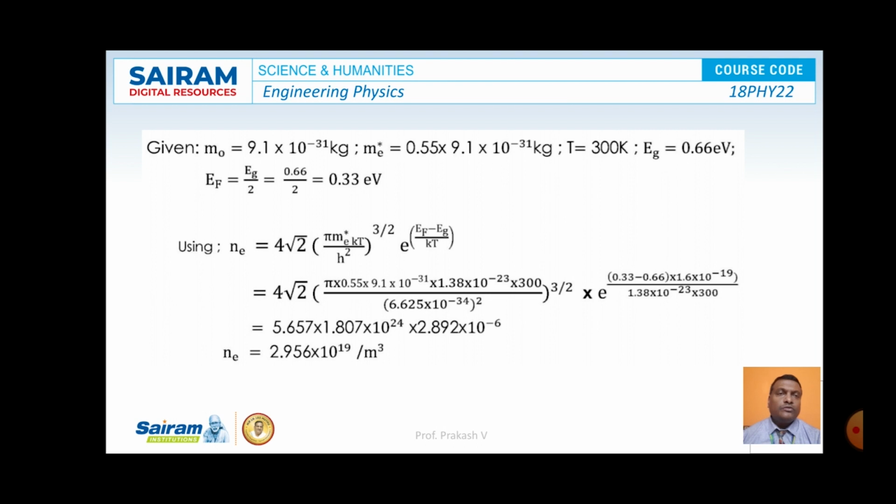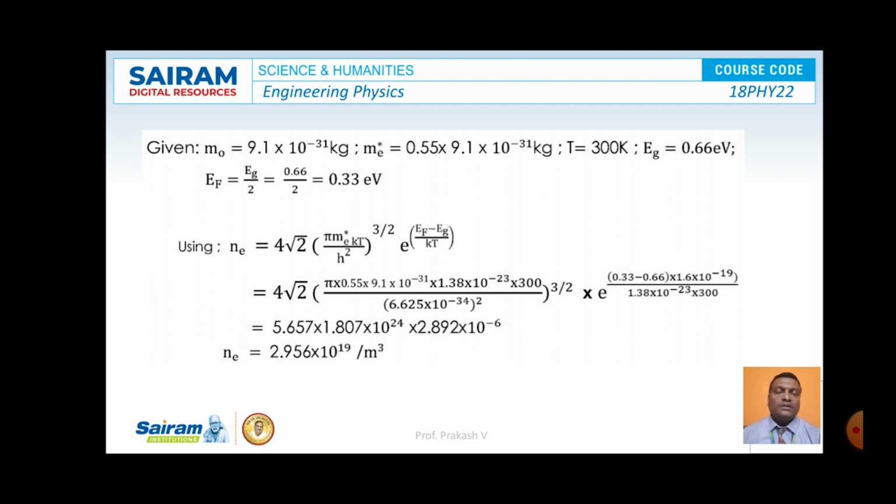So EF is equal to 0.33 electron volts, and me star is 0.55 times the mass of the electron, that is 0.55 × 9.1 × 10^-31 kg, and the temperature is given as 300 Kelvin.